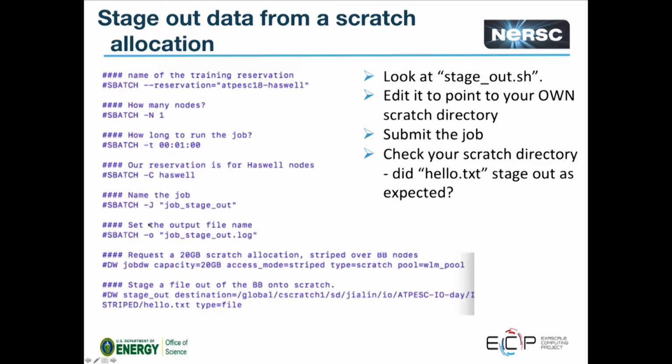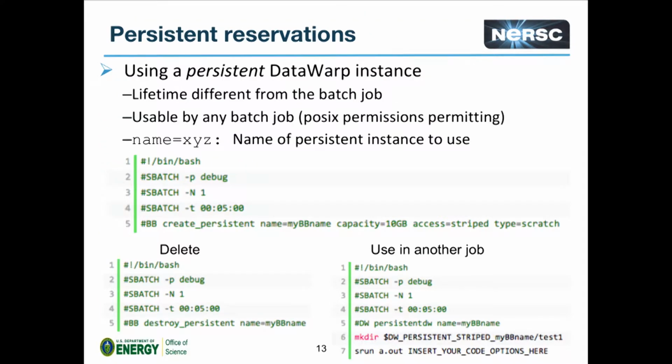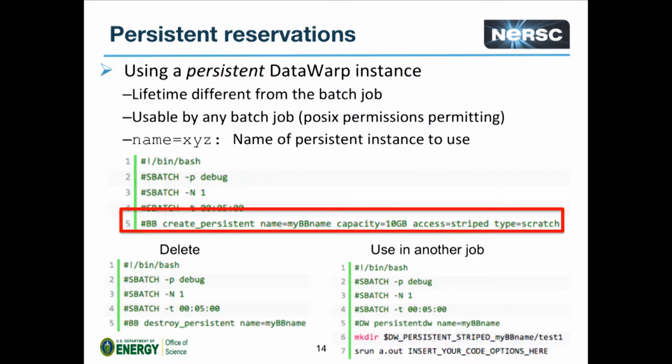And stage out, similarly, you can specify the destination of your output. The destination should be only on the scratch. That's the only supported resource now. And you could also create a persistent reservation, but I wouldn't recommend trying this during this session because I think the waiting time is much longer.